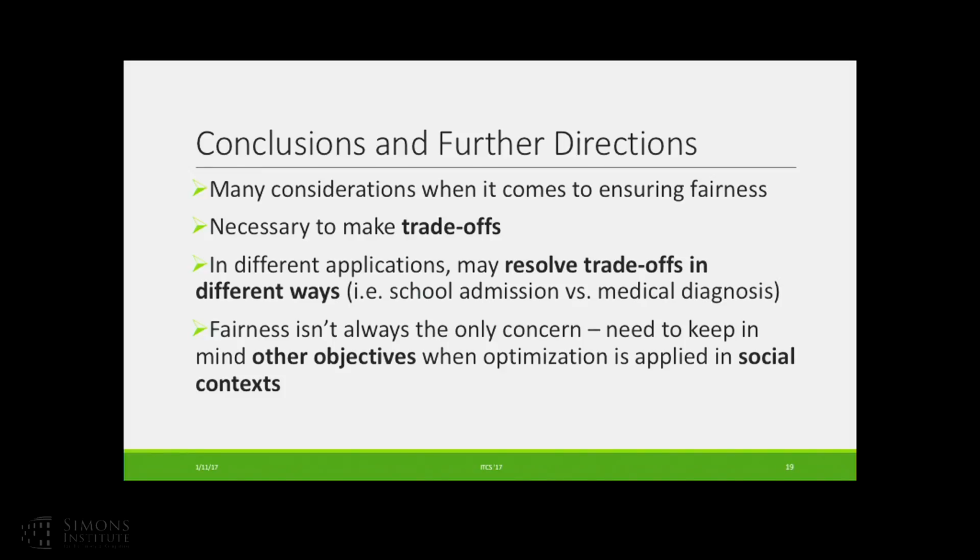But for medical diagnosis, you might think the opposite, that you should really just be giving the most accurate information you can. And if certain medical conditions target one population over another, there's really not much you can do about that. So these are all things to think about when resolving these trade-offs.